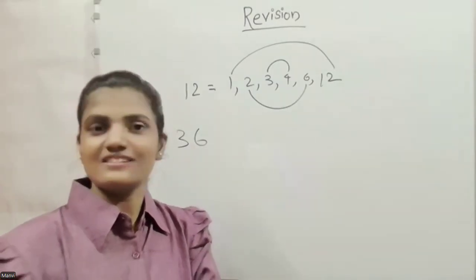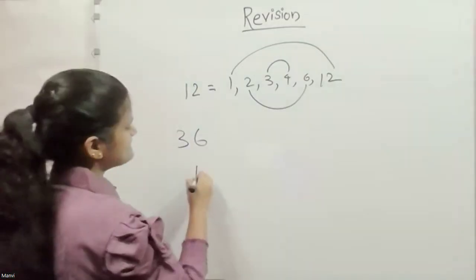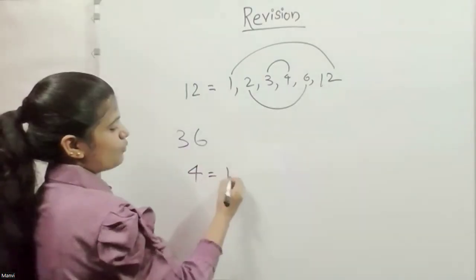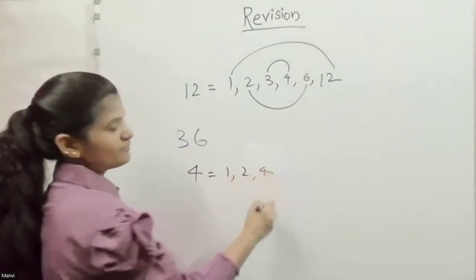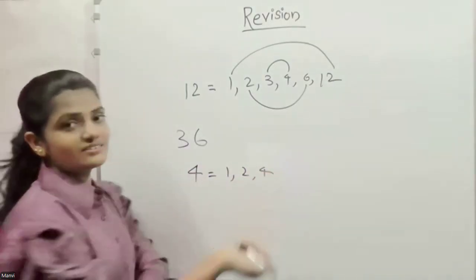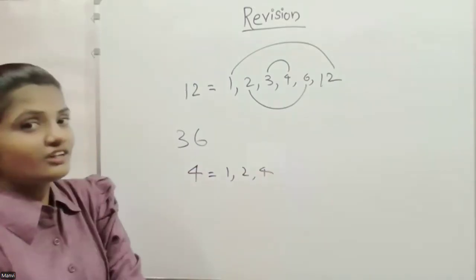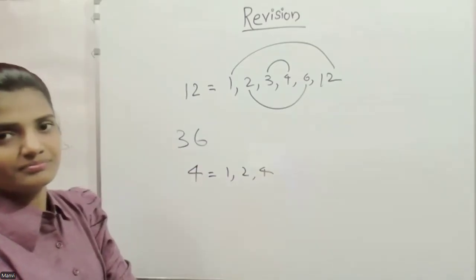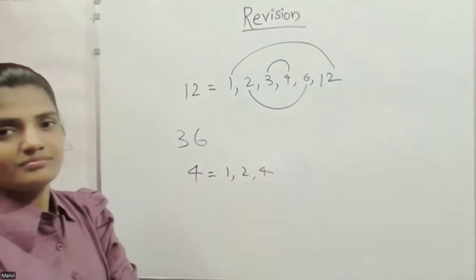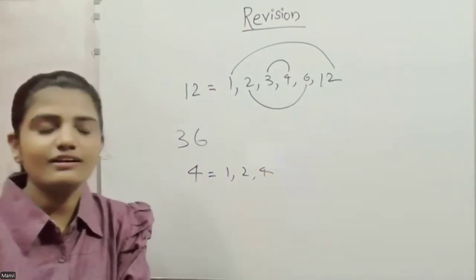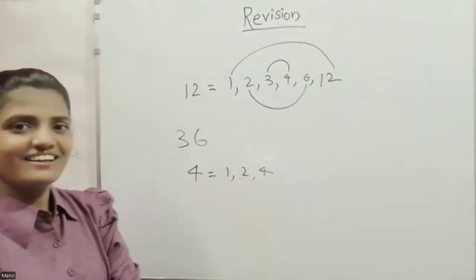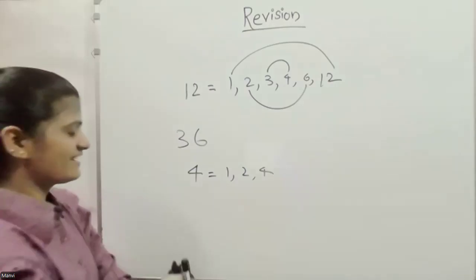Sometimes, not always. For example, 4 is an even number, right? But all its factors are 1, 2, and 4. Count it. This is 3, which is not even. So your trick is wasted. No, I said for some, but not always.